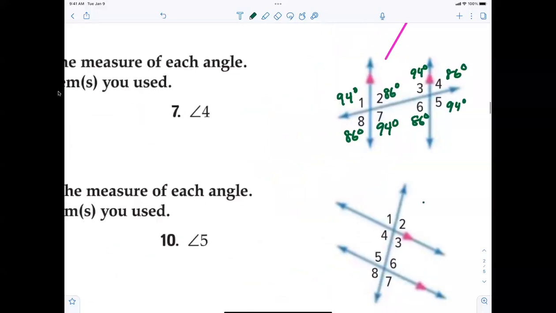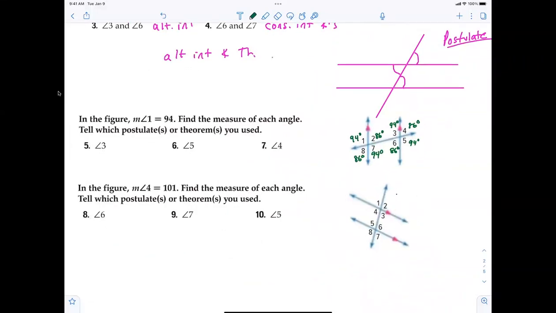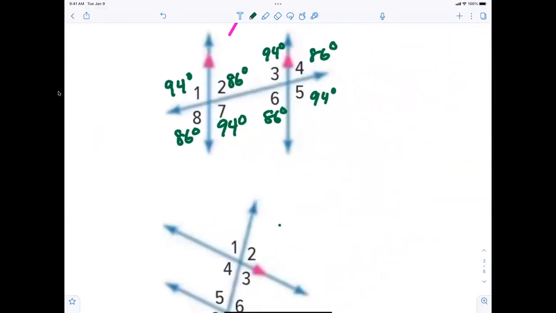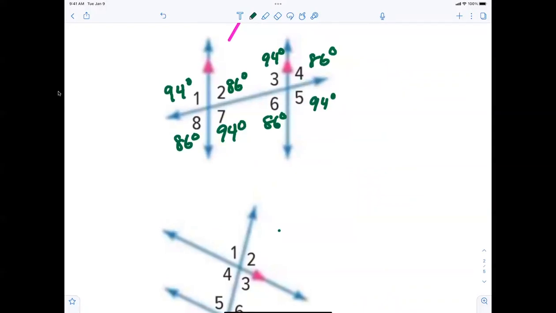All right. Now let's just review one more time, guys. 2 and 6. Come on, everybody. 2 and 6. Those are called what angles? Definitely not corresponding. Alternate interior. The difference is both the angles are on the inside. 3 and 7 are what?